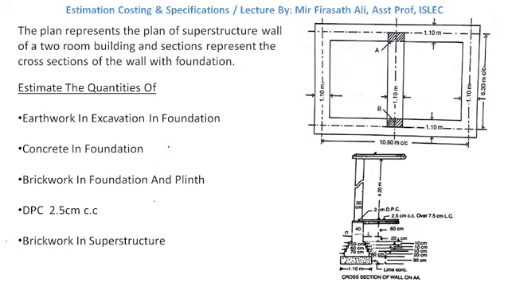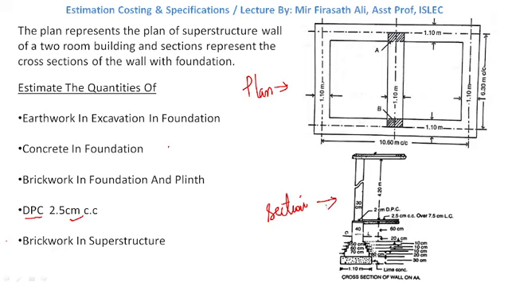DPC is damp proof course of 2.5 centimeter thickness, which is already mentioned over here. And we need to find the brickwork in superstructure. This is the plan that is given to us, and this is our section.